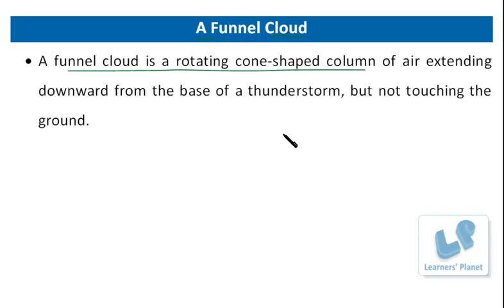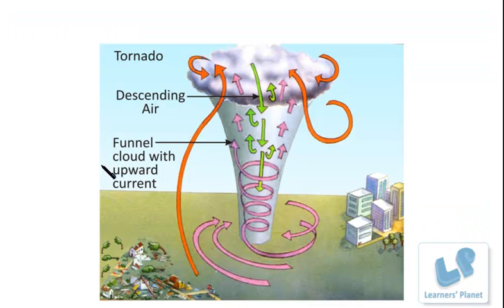Let us see the picture of a funnel cloud. Yes, my dear friends, this picture will give a clearer understanding. Here you can see it is funnel shaped, and that is why it is termed a funnel.